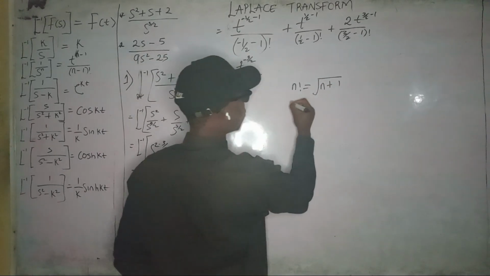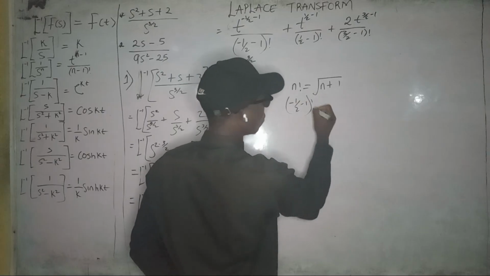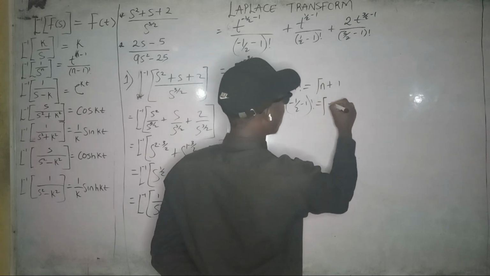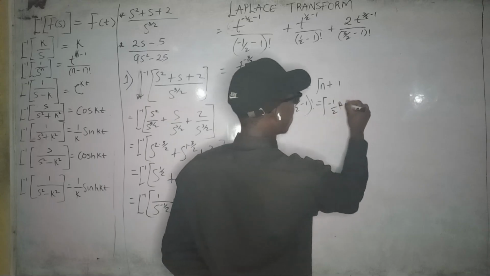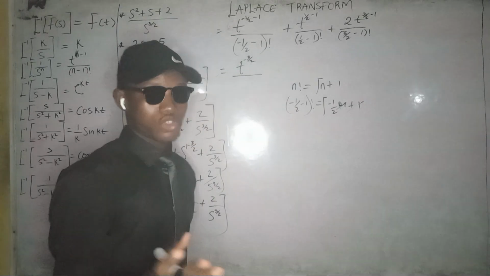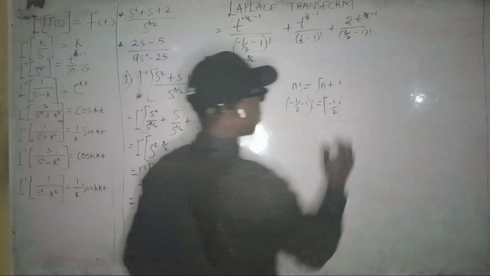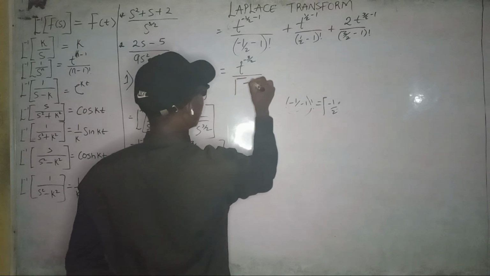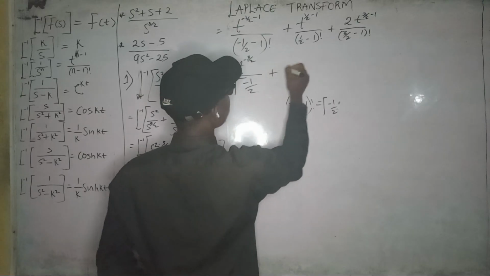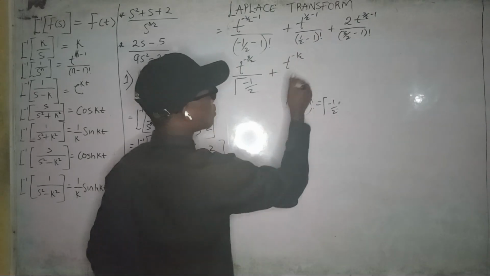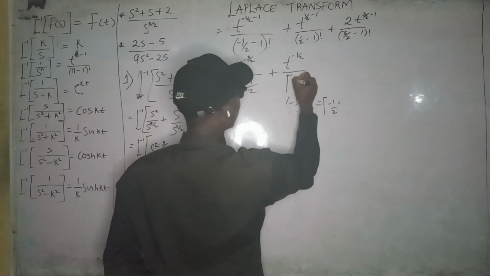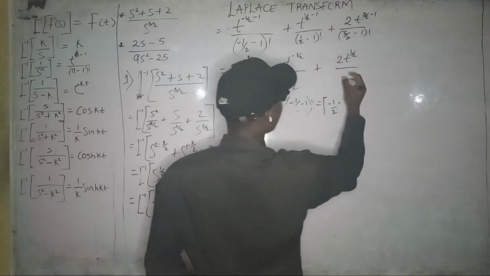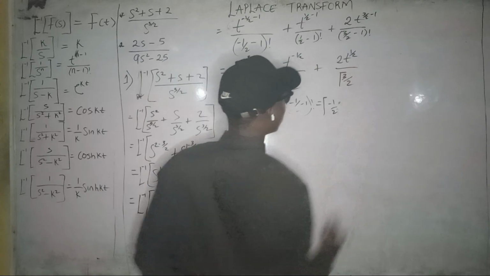So we have minus 1 over 2 minus 1 factorial, which is going to be equal to the gamma function of minus 1 over 2 plus 1. The plus 1 and minus 1 cancel each other, so we are going to have the gamma function of minus 1 over 2 over here. Then t to the power 1 over 2 minus 1 over the gamma function of 1 over 2, plus 2t raised to power 1 over 2 over the gamma function of 3 over 2.